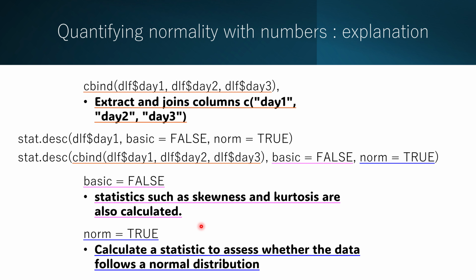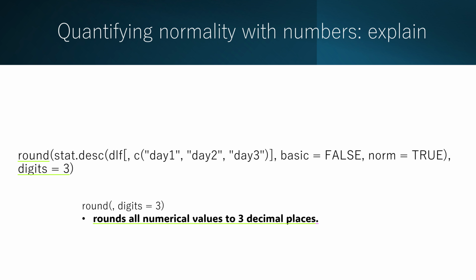So in this package, we also test the normality. This is very useful. Round rounds all numerical values to 3 decimal places. That is the meaning of the round command.